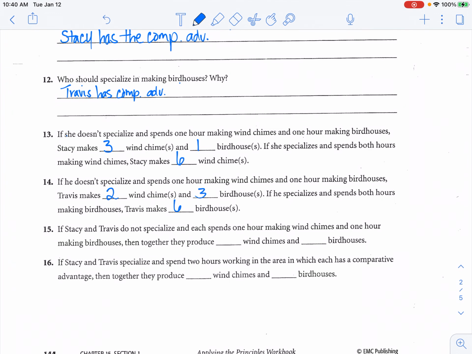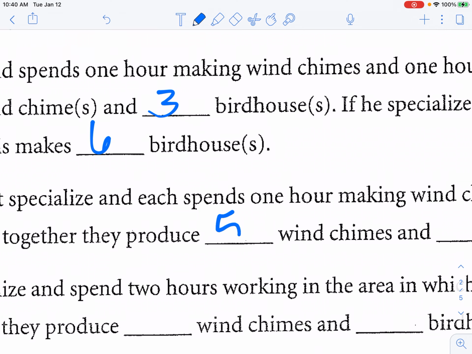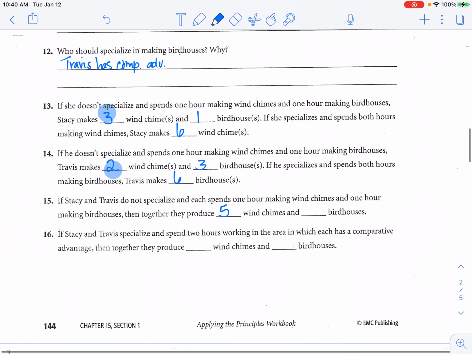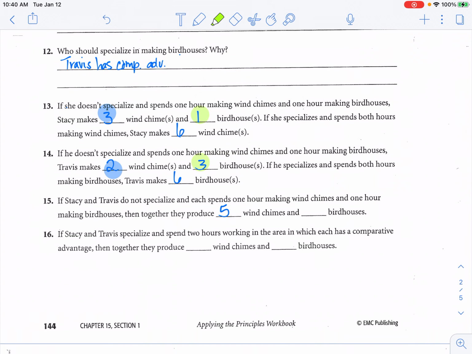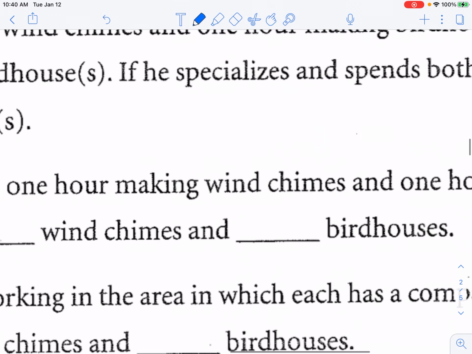So if they do not specialize and each spends 1 hour making wind chimes and 1 hour making birdhouses, then together they can produce how many wind chimes? Well, if they only spend an hour doing it, they will produce 5 wind chimes. And they will produce 4 birdhouses.